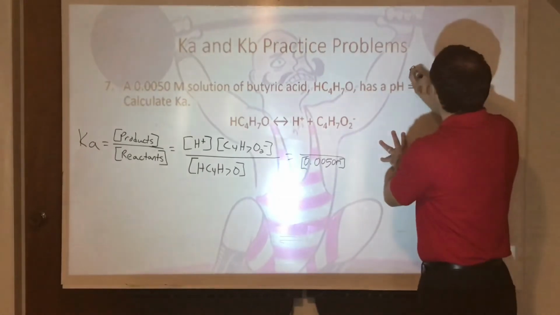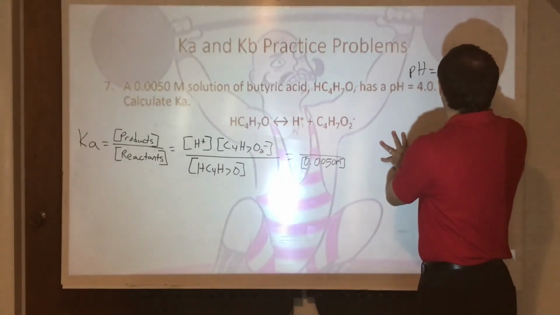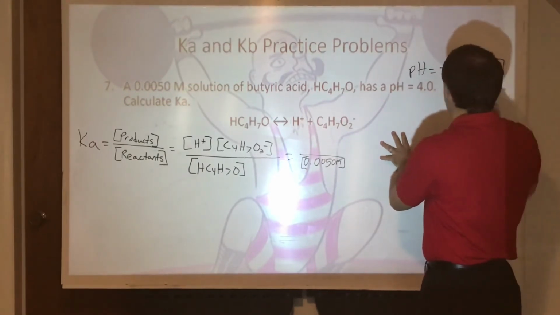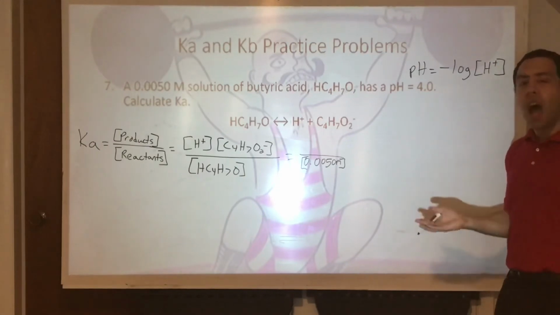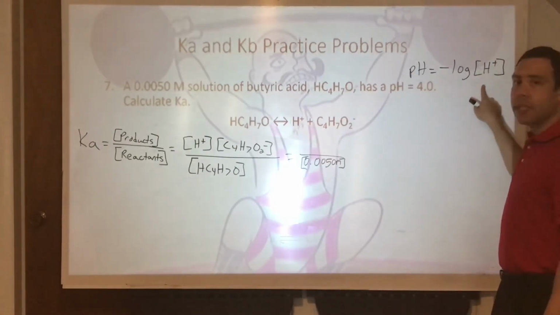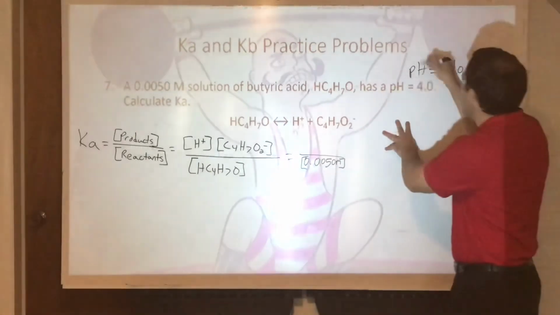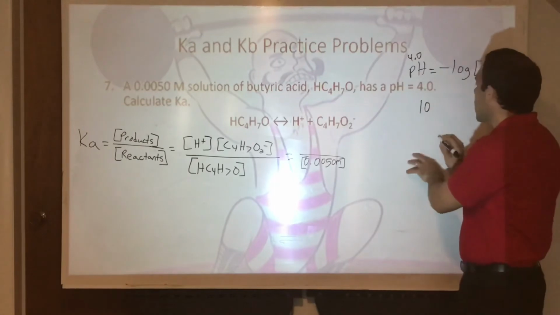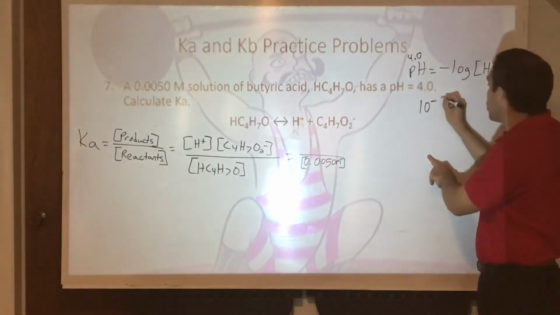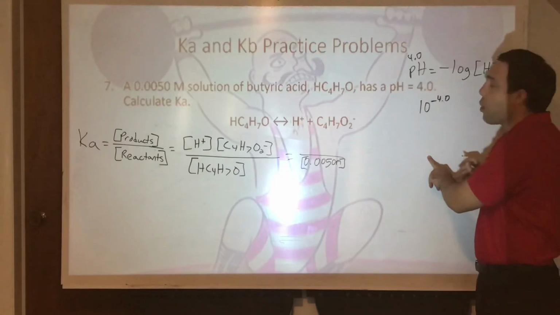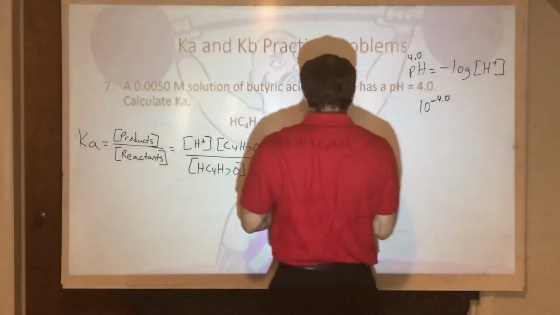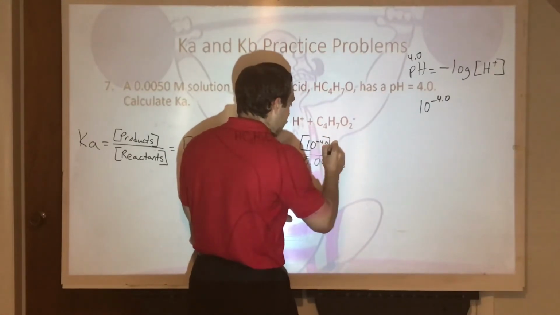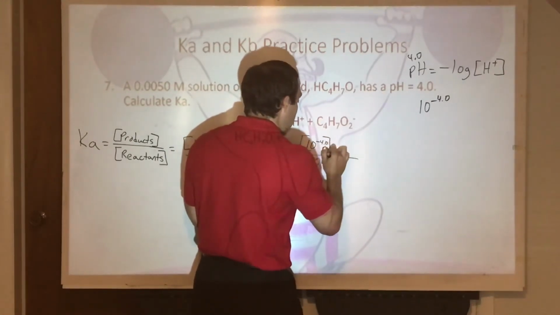What we do have is the pH. Remember, pH equals the negative log of the hydrogen ion concentration. To find the H plus concentration when given the pH, in this case 4.0, we take 10 and raise it to the negative pH, which is the negative 4.0. So we have the H plus concentration of 10 to the negative 4.0 molar, of course.